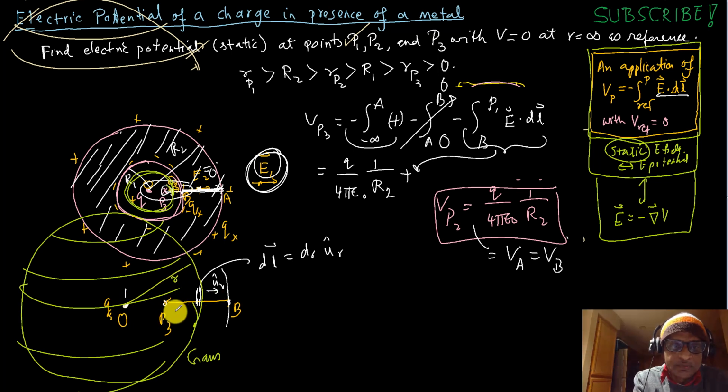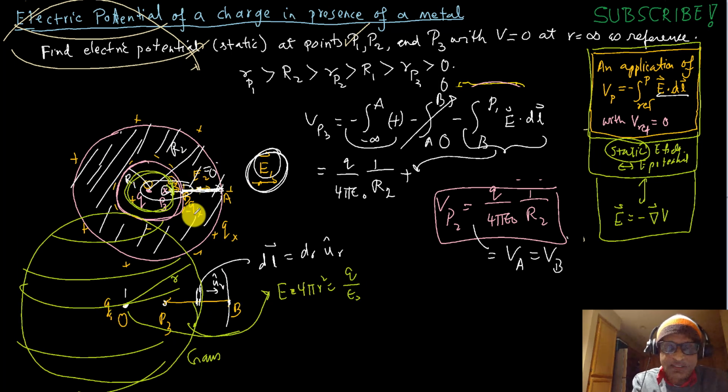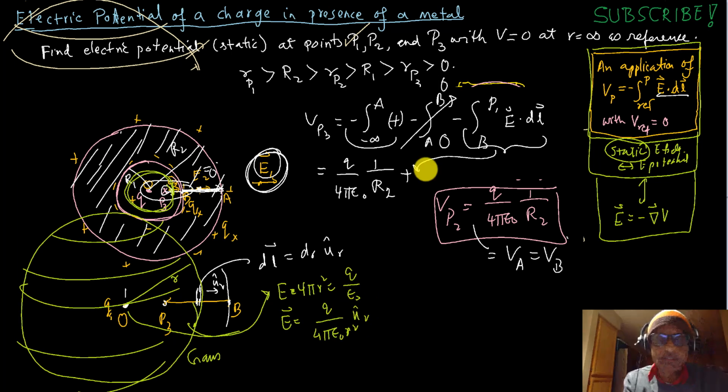From this Gaussian surface, the electric field turns out to be 4 pi r squared E equals q over epsilon naught. There's no other charge inside here, just q. So E is actually q over 4 pi epsilon naught r squared u hat r. The formula looks similar, but it's a little bit different in terms of construction.